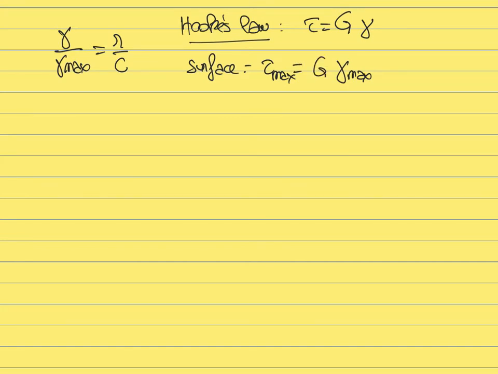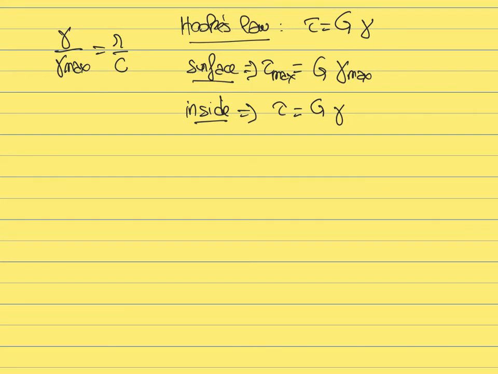The formula is that the shear stress, tau max, is equal to gamma max times the shear modulus G. So this is at the surface. Now, if we apply the same formula inside the beam, it's the same thing. You have the shear strain inside the beam, and if you want the shear stress, you need to multiply it by the shear modulus G.